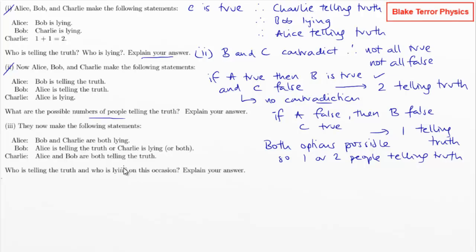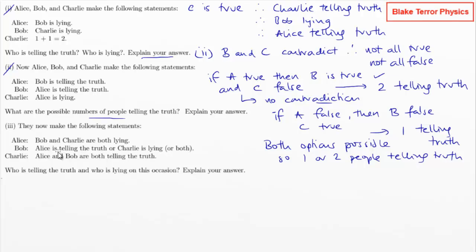So Alice is saying that both of the others are lying. Bob's saying Alice is telling the truth, or Charlie is lying, or both. And Charlie is saying that both of them are telling the truth. Right, so A and C clearly contradict here because they can't both be telling the truth. They are contradicting about Bob.